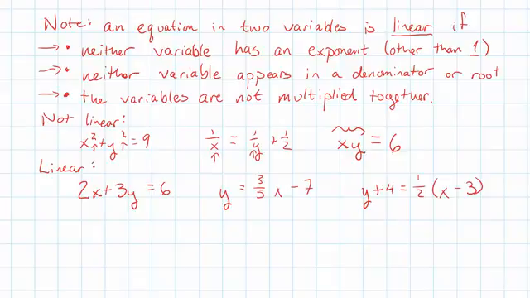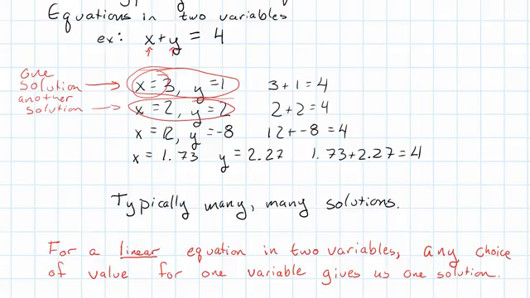Okay, so an equation in two variables typically has many solutions. In particular, if we have a linear equation in two variables, we can make any choice for one variable, and that gives us one solution.